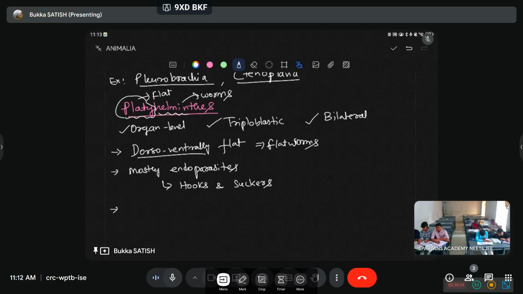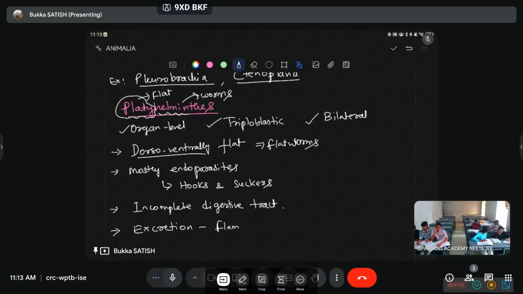Digestive tract is incomplete or complete? Okay, write it: incomplete digestive tract. Next, in the excretory system, what are those specialized cells involved in that?